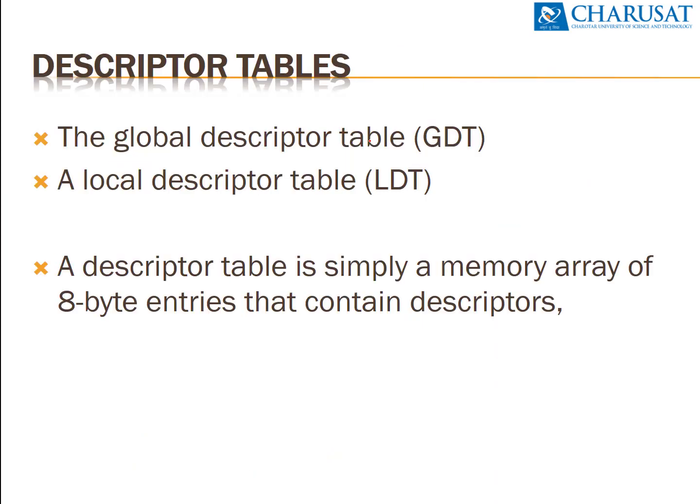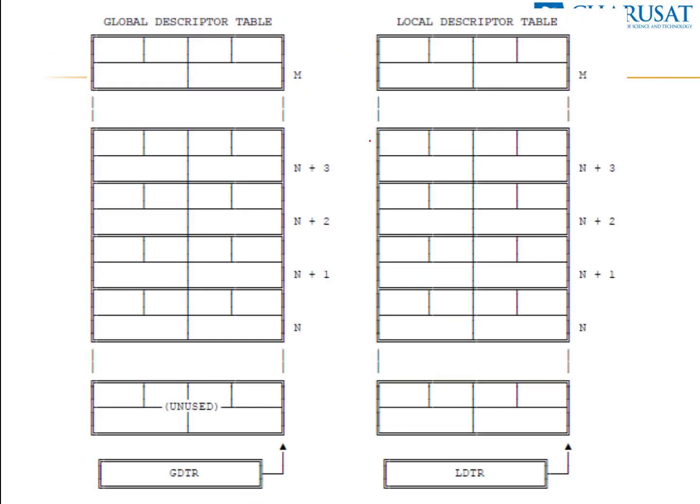As I told you, there are two types of descriptor tables: the global descriptor table and the local descriptor table. Both are available in memory. It's a very simple data structure in the form of a table.